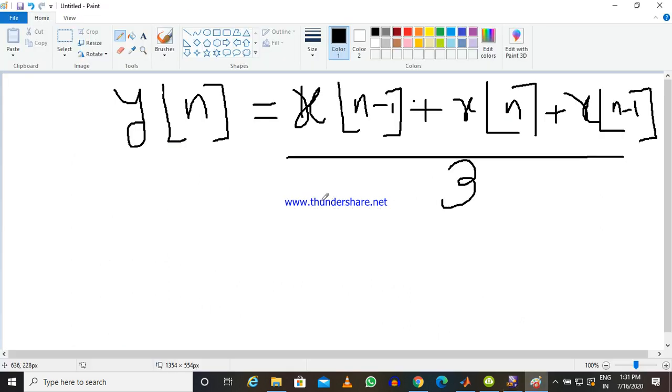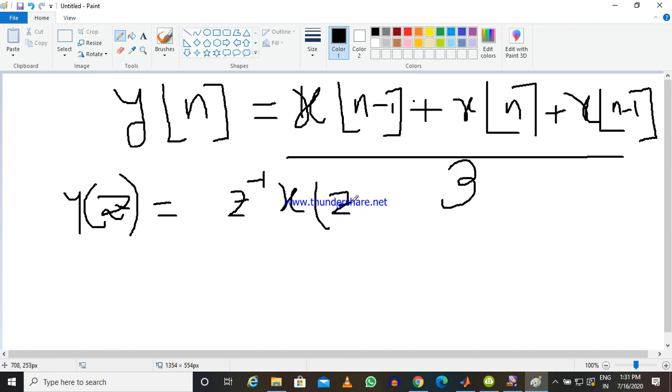Now if I take the z transform, this is Y(z), which is equal to z to the power minus 1 into X(z).